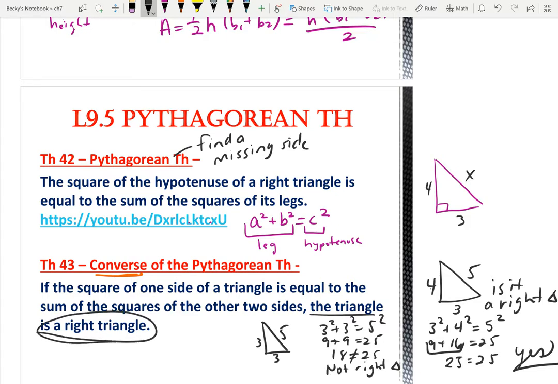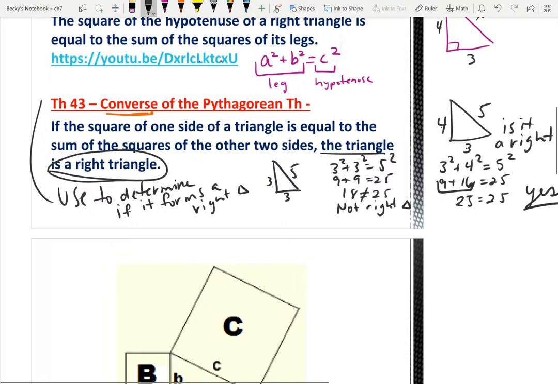So write yourself a note: use the converse to determine if it forms a right triangle. You have to know all three sides, okay? For theorem 42, you only know two sides. So there is a big difference, but every year people get these confused, okay?